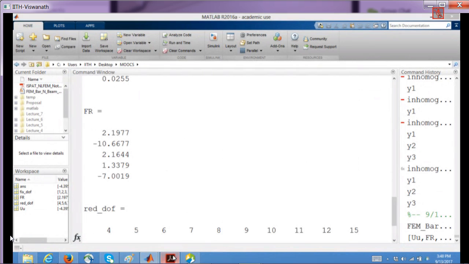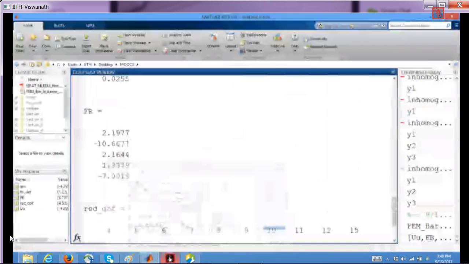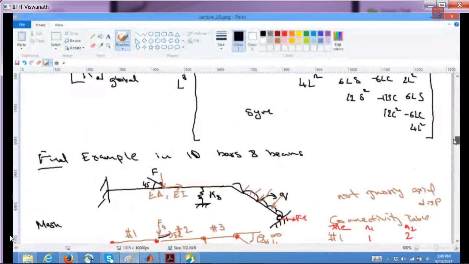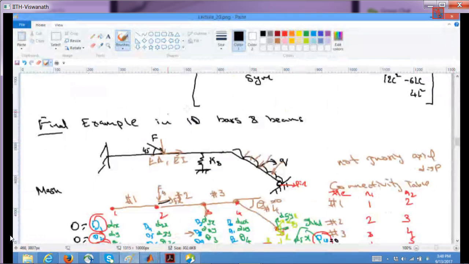So you have reaction forces coming at this. So first one is the horizontal, next one is the vertical, next one is the moment. Similarly, you have axial, this and this reaction forces from this pin joint. So all the reactions are obtained through FR.